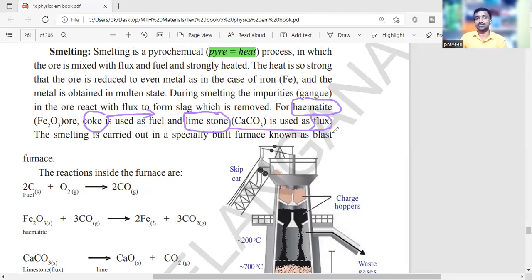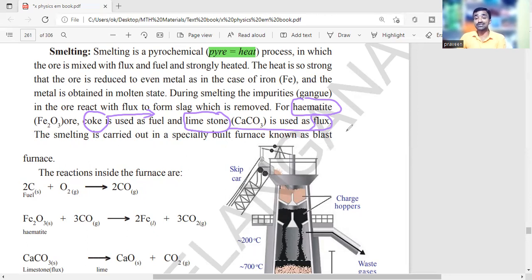Limestone reacts with the impurities present in the hematite in the molten state, right? Fuel is used to produce heat energy, and by burning the fuel we also get gases which can reduce the ore. You are heating the carbon in the absence of oxygen actually, which produces heat energy and liberates carbon monoxide gas.